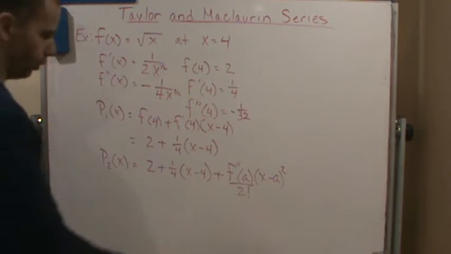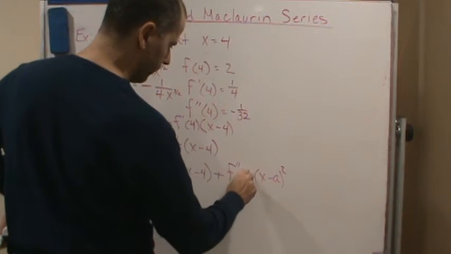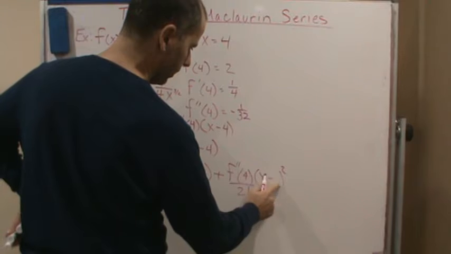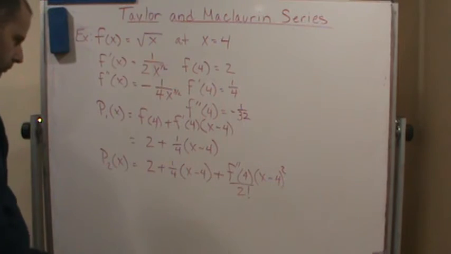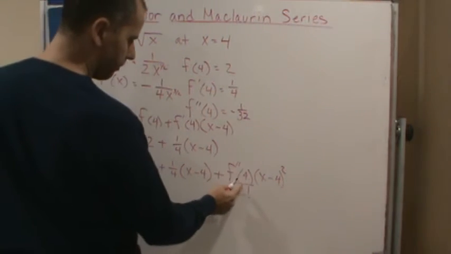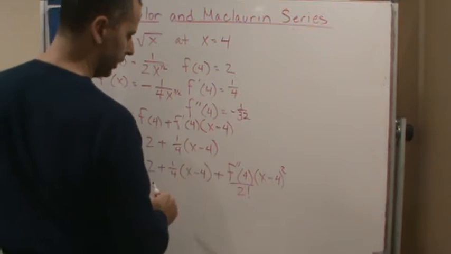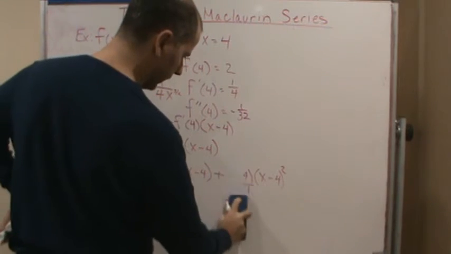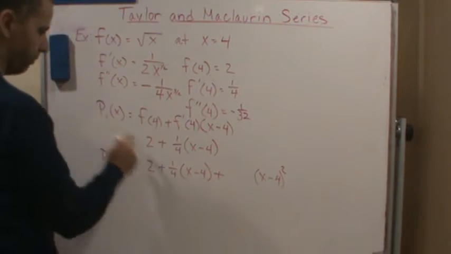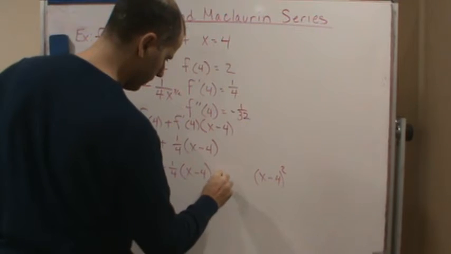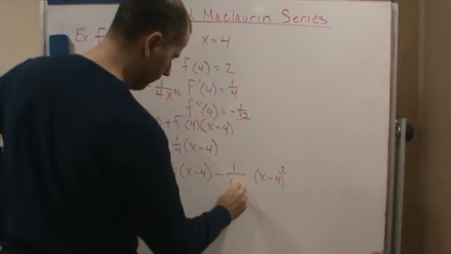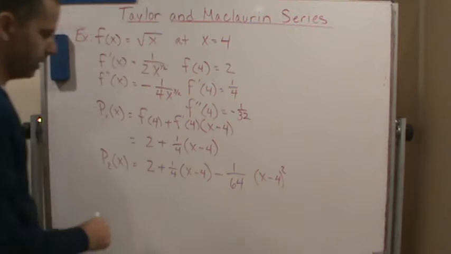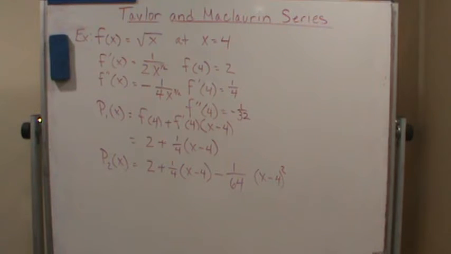We fill in a, which is 4. And f double prime of 4 is negative 1/32, with 2 in the bottom, so we get minus 1/64 times x minus 4 quantity squared. And there we have our two polynomials.